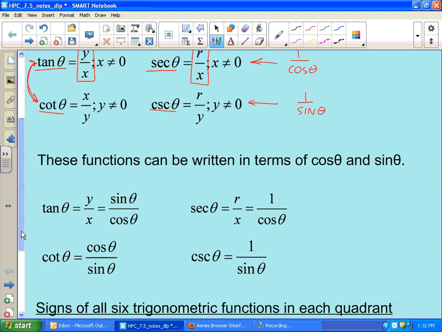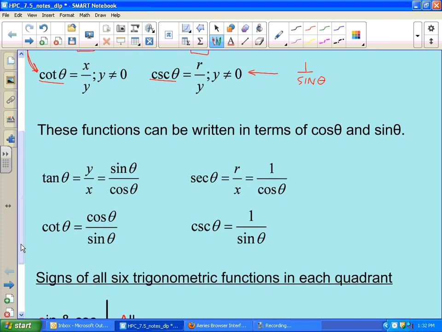All right. When we move into chapter 8, which is going to be introducing you to trig identities, we are going to have a relationship with sine and cosine for all of our trig functions, and here they are kind of given to you.